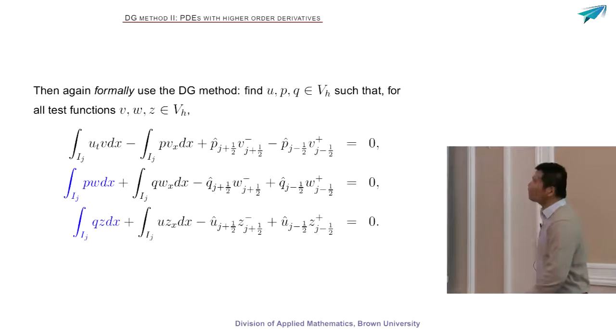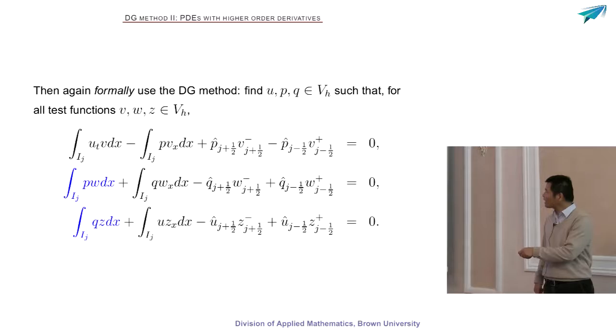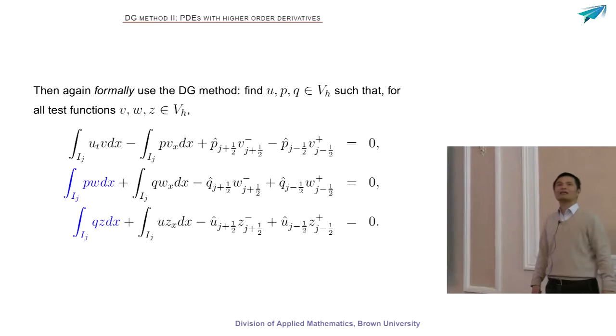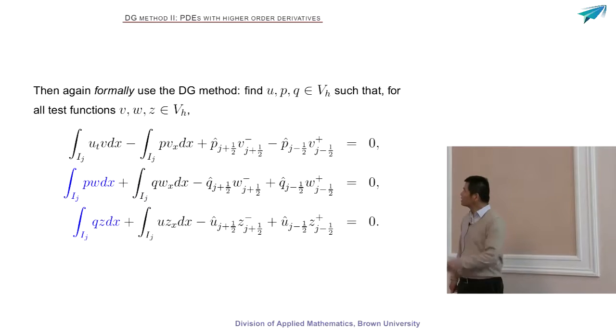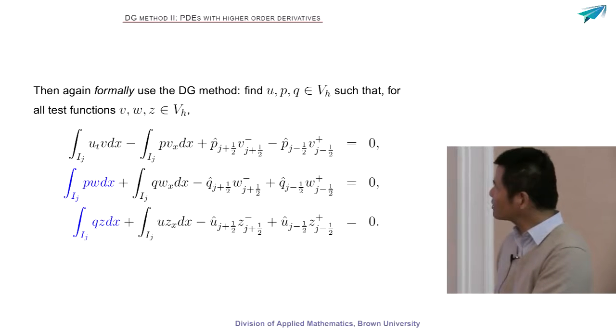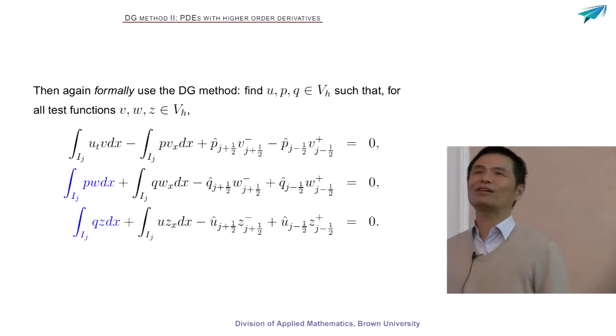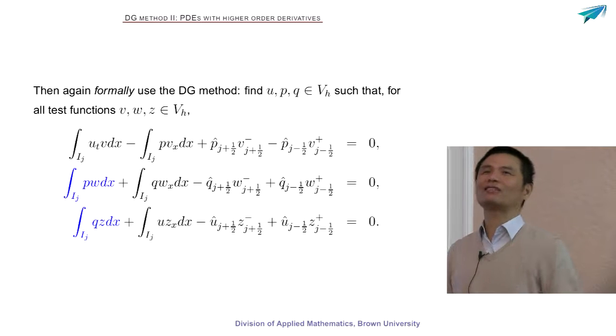Then you can certainly formally write down the scheme satisfied by these three equations. You multiply by a test function v, test function w, test function z. I was joking that the most difficult part of doing this research is to find enough letters.